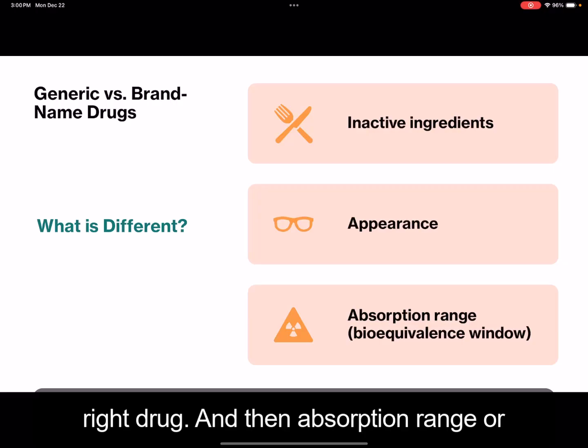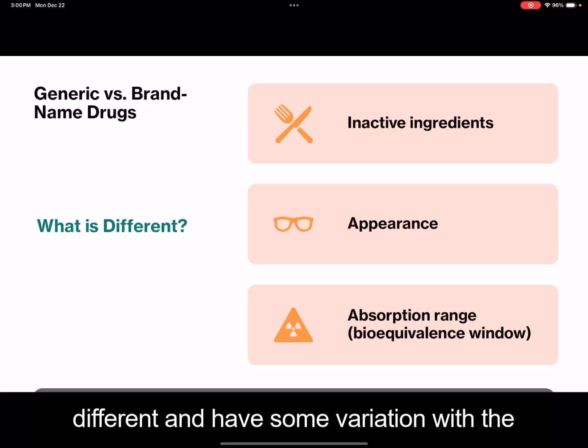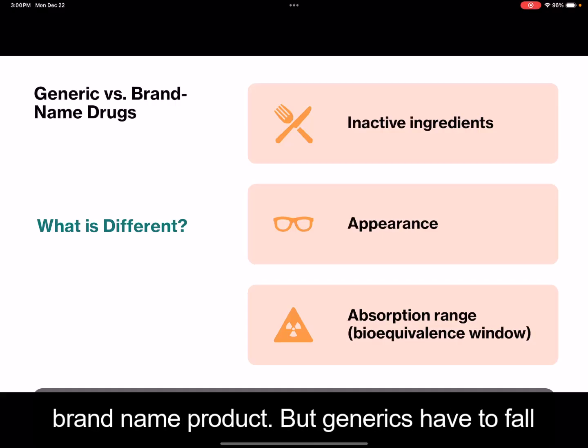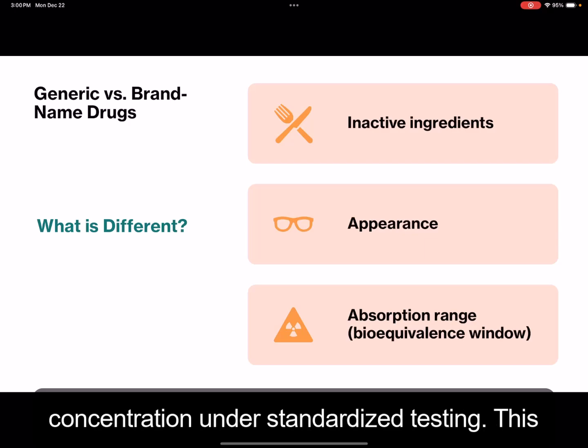And then absorption range or bioequivalence window can be a little bit different and have some variation with the brand name product. But generics have to fall within 80% to 125% of the brand's blood concentration under standardized testing.